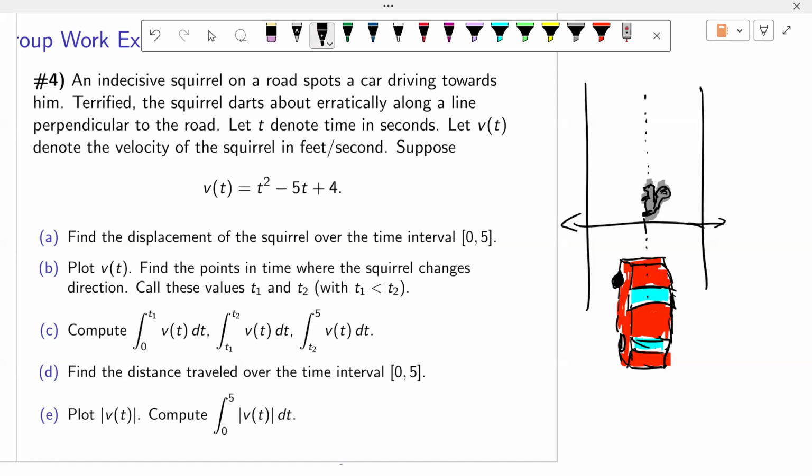Are you already given the integral? Yeah, so S prime of t is v. If S is the position of your squirrel, then S prime is the velocity. So you are just going to be integrating this function from 0 to 5.